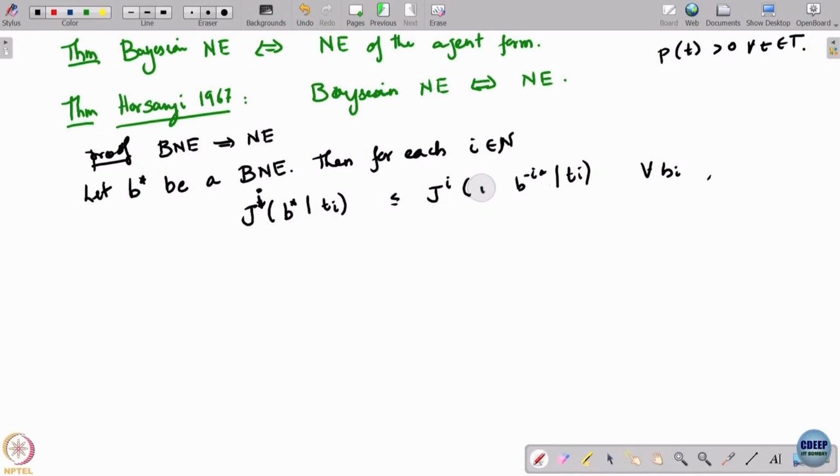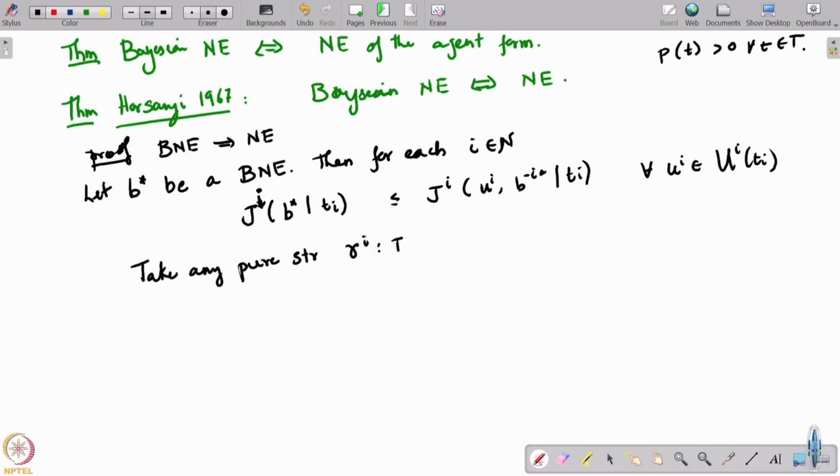This is true for all actions Ui that player i could take in this type. Okay. Now, take any pure strategy gamma i, I do not want to write too much.